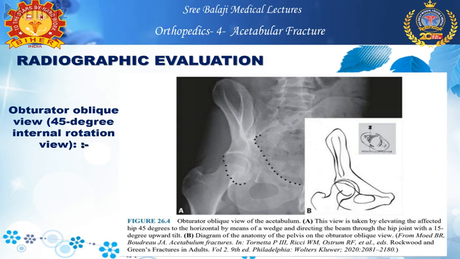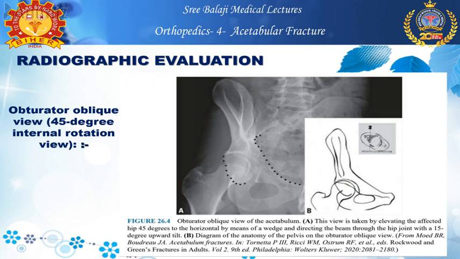Obturator view is taken by elevating the affected hip 45 degrees to a horizontal beam by means of a wedge, and directing the beam through the hip joint with a 15 degree upward tilt towards the cephalic end.